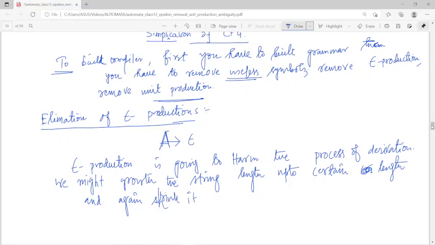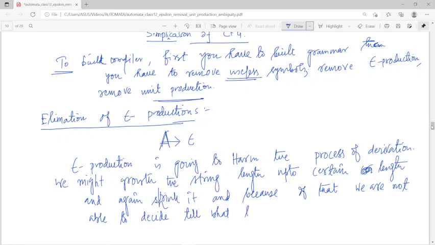Because of that, we are not able to decide till what length we should grow the derivation, because the length will shrink and again increase.